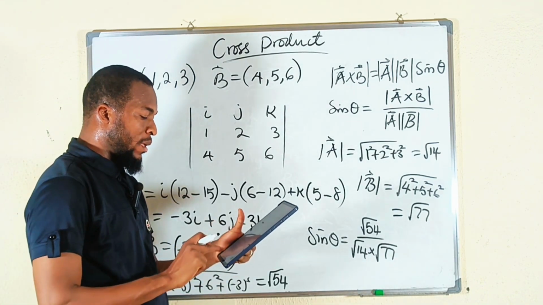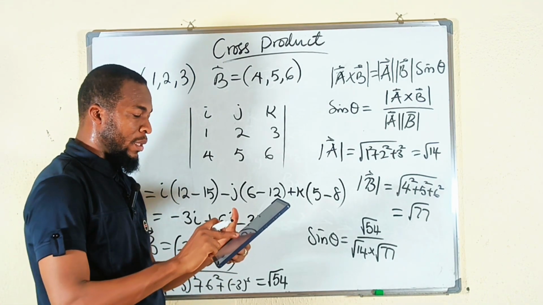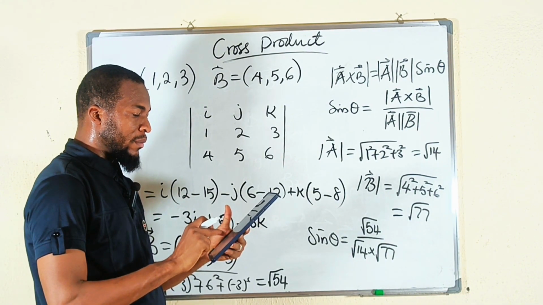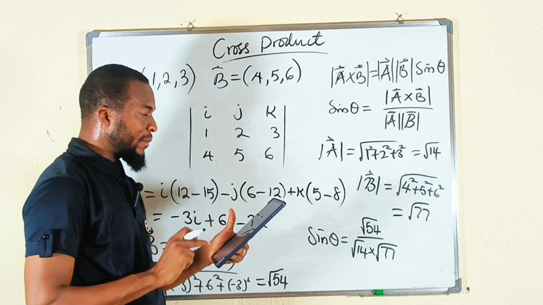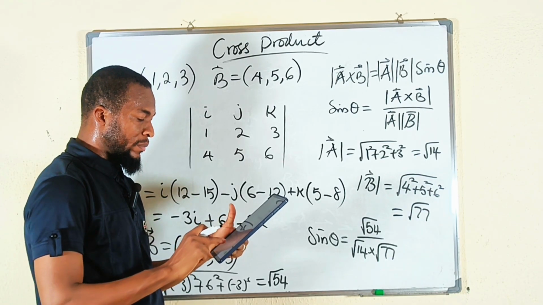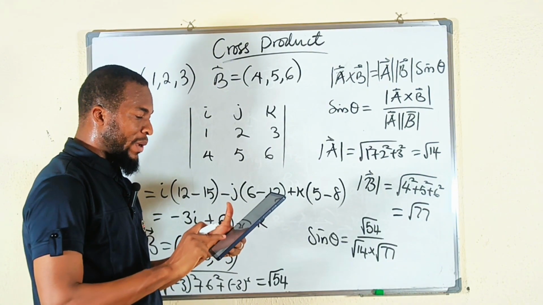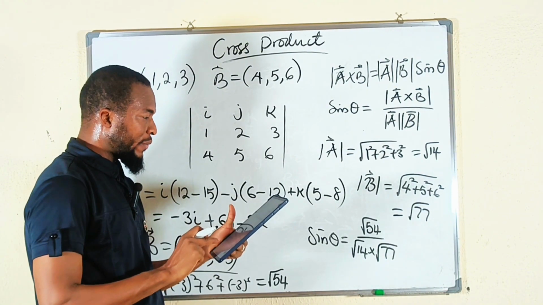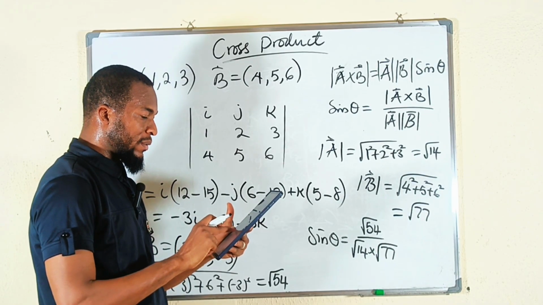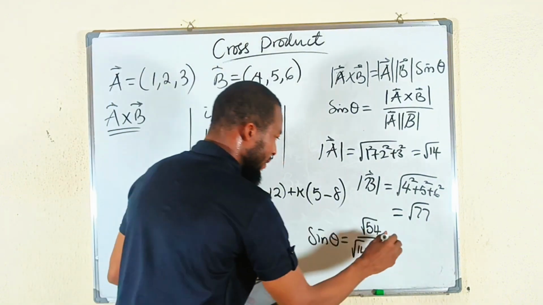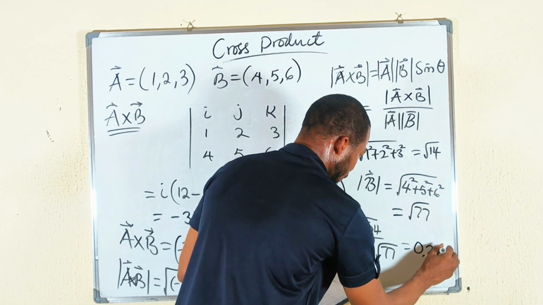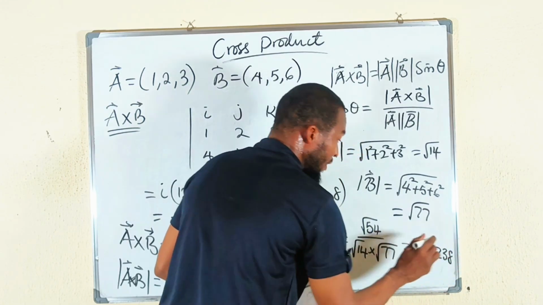We have square root of 54 divided by square root of 14 multiplied by square root of 77. Wow, I got 0.2238. This is what we have.